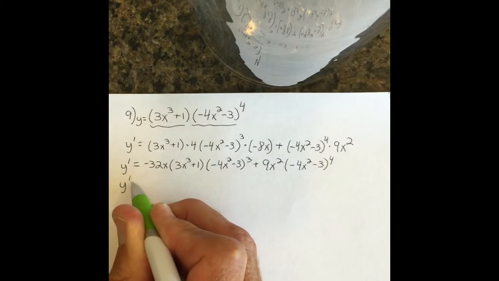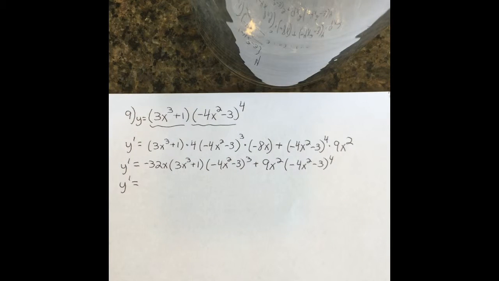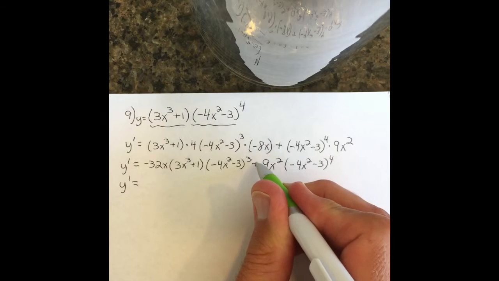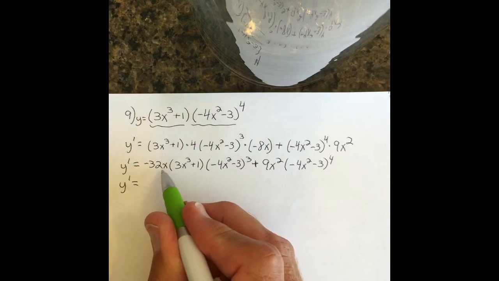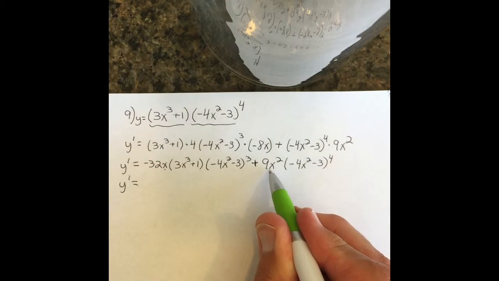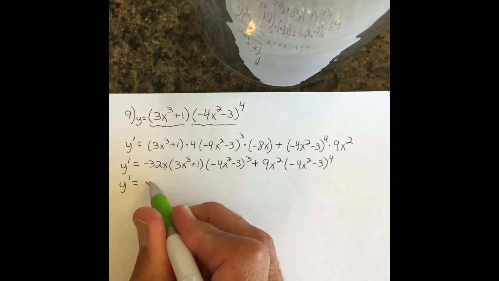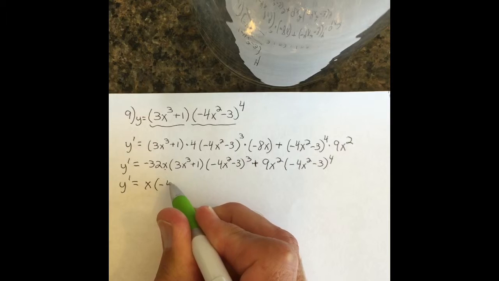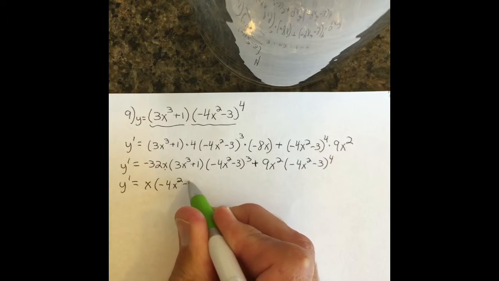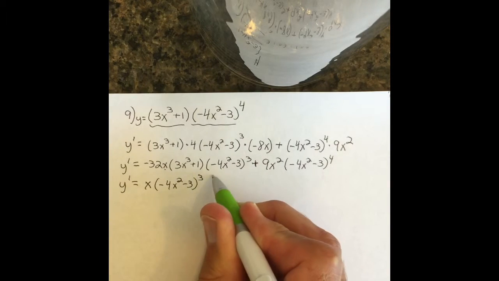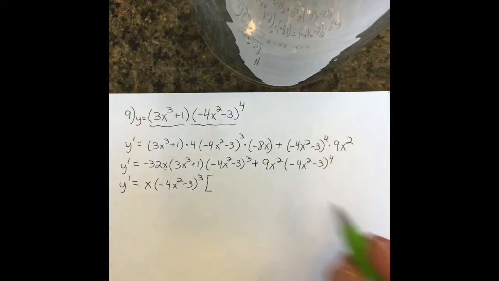These problems get a little bit tricky to finish because you can also factor out common amounts from both sides of that plus sign right here. I have on both sides a factor of x and 3 factors of negative 4x squared minus 3. So I'll take out an x and a negative 4x squared minus 3 to the third power, and take that out of both sides of that plus sign.